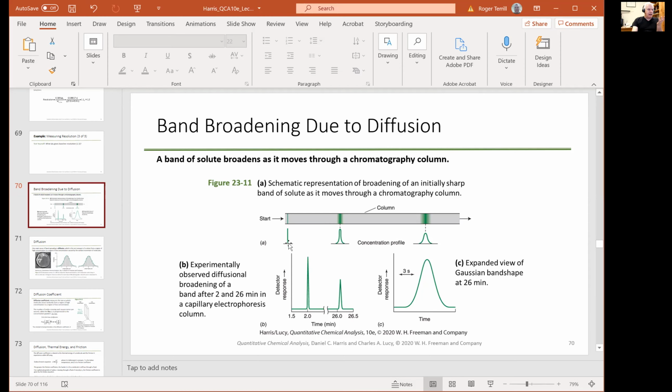At this point, you're assuming that it's highly soluble, and all the molecules are in a very narrow band of solvent that's moving through the column, right? And so this is probably unrealistically narrow.